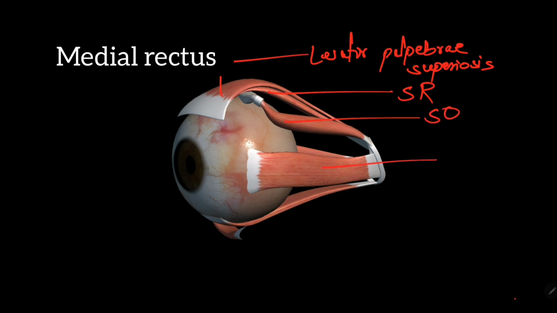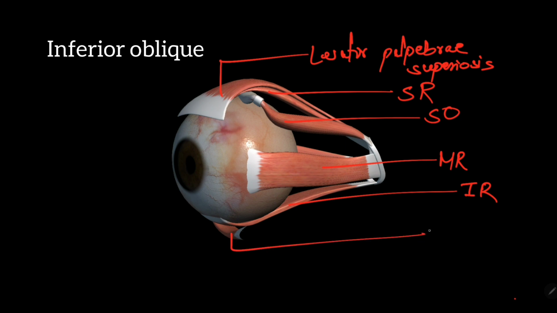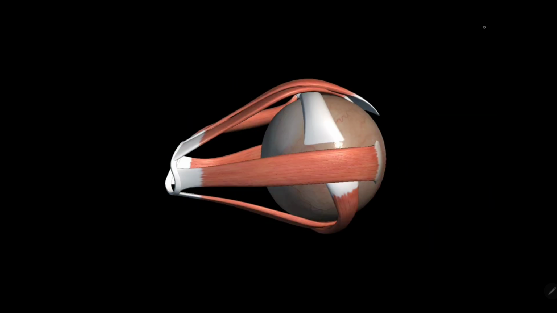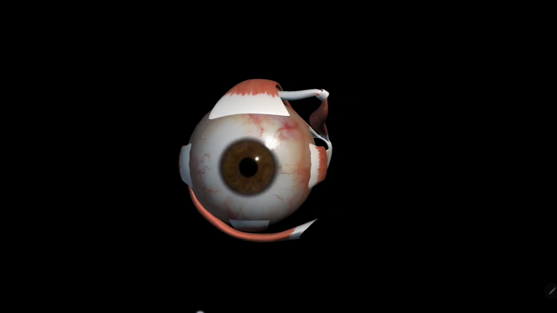If you imagine, this is the medial side, so this one is medial rectus. This one, just towards the inferior side, is inferior rectus, and below this is inferior oblique. From this view we are unable to see the lateral rectus, so let's shift the view and you can see this one here is lateral rectus. So in total, 7 muscles we are going to discuss.